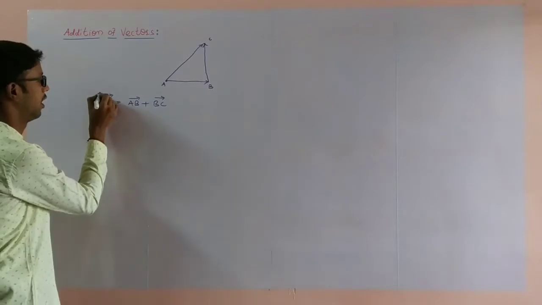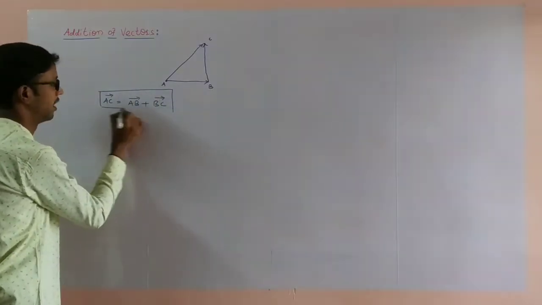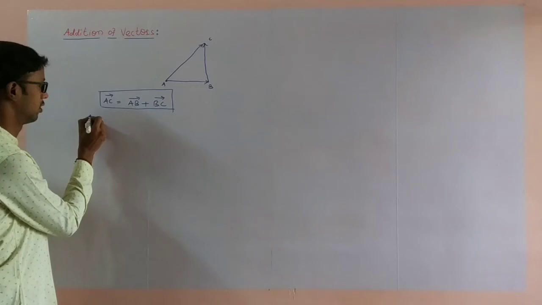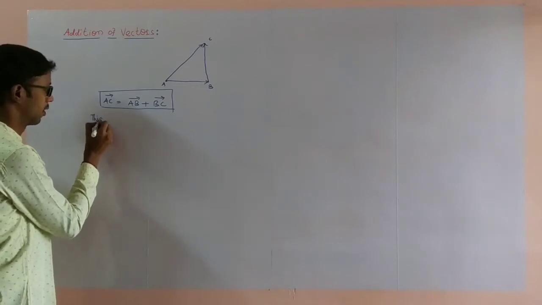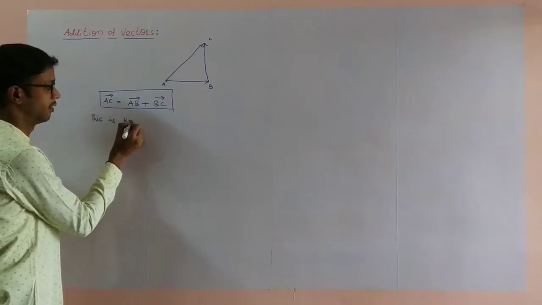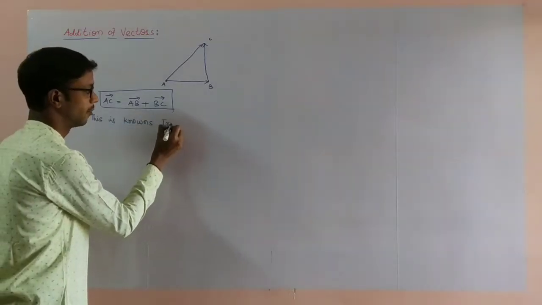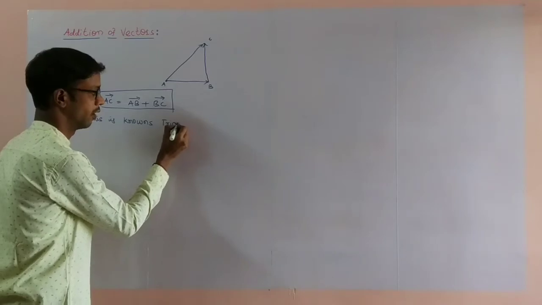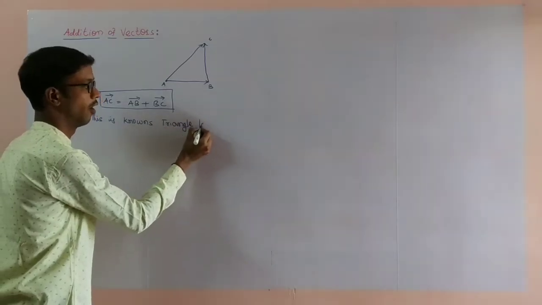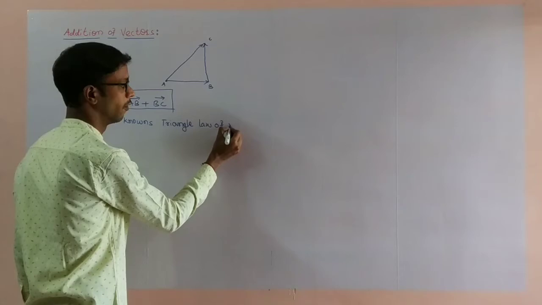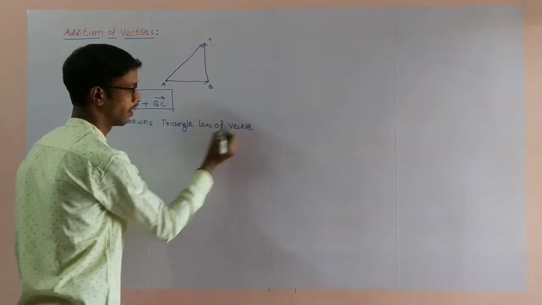So this is called addition of vectors. This is known as the triangle law of vector addition.